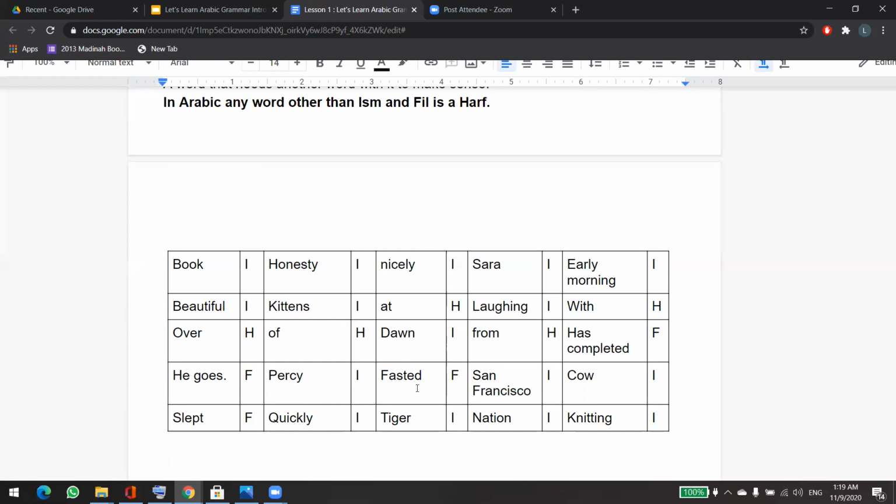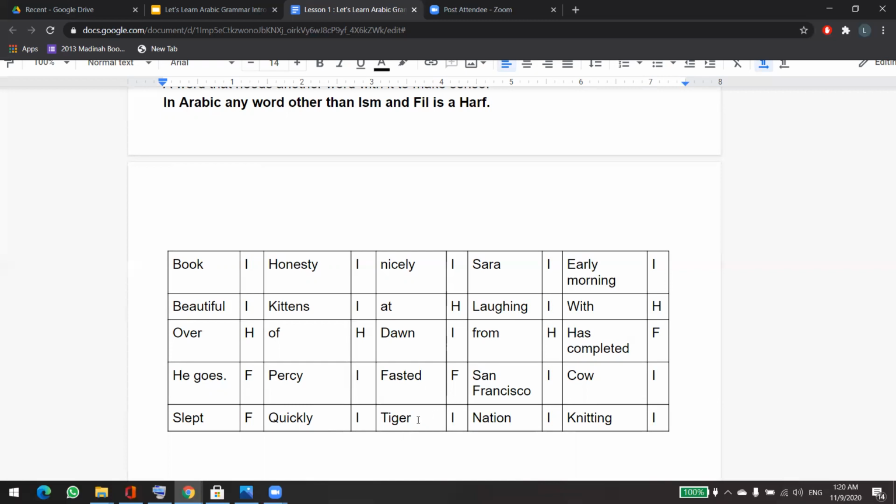Fasted. There is an action and it happened in the past. So mention of time, so it's a fail. San Francisco and cow, both are ism. Slept, again a fail because the time is also mentioned. Quickly is an adverb, right? Quickly defines the verb. Quickly is adding some meaning to the verb, like the action was done quickly. So it's an adverb, and we know that adverb goes into the ism basket, right?